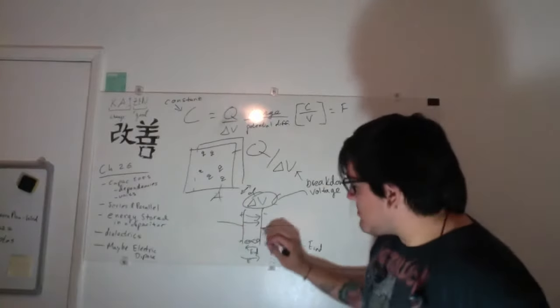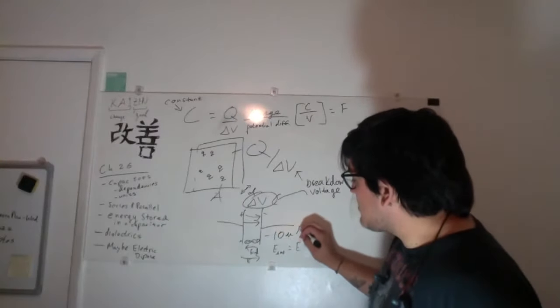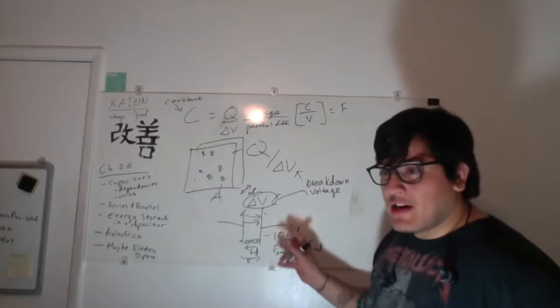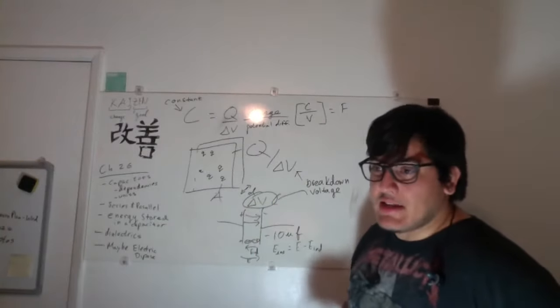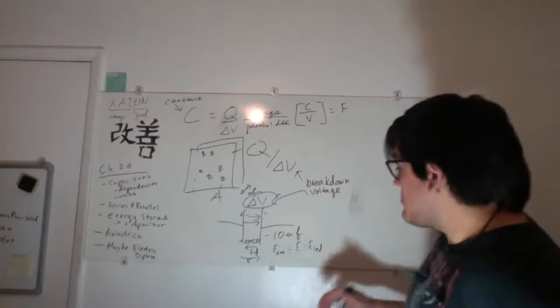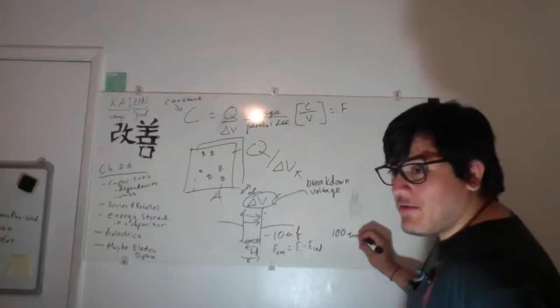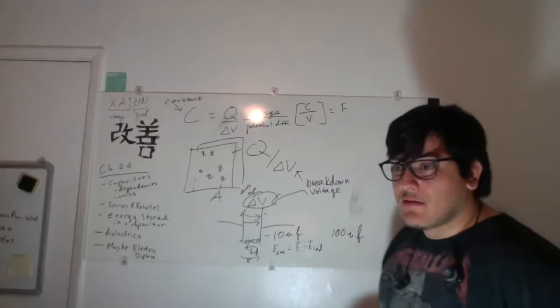So if you have, say, 10 microfarads, then this will break down relatively easily compared to 100 microfarads. Yes?